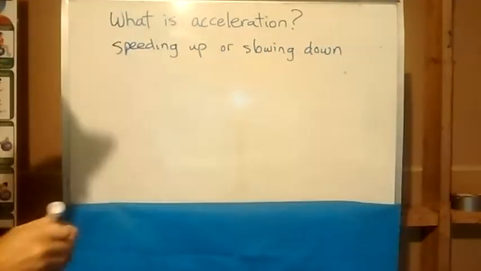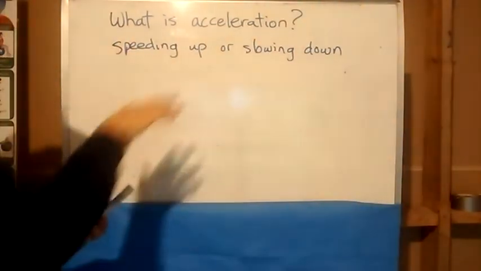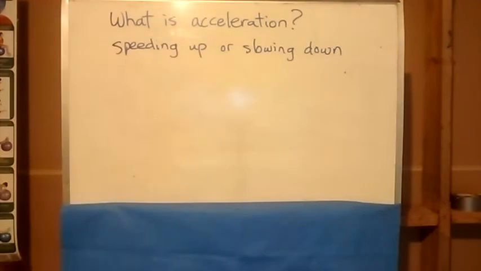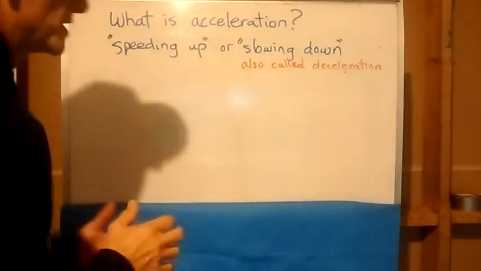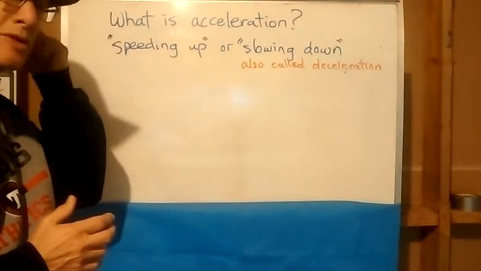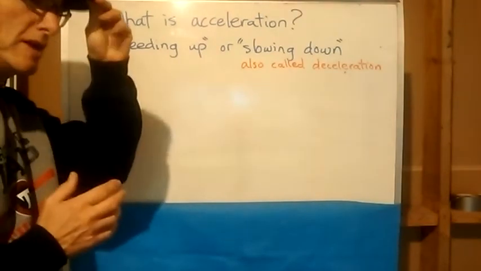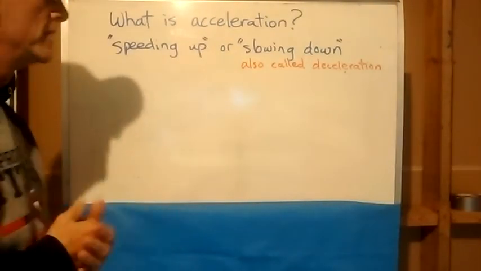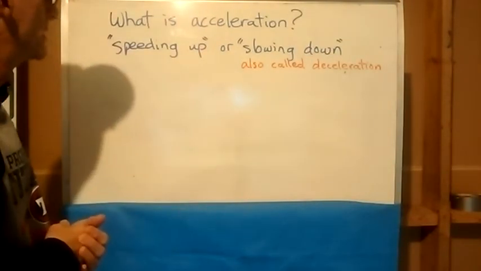Speeding up would be a positive acceleration. Slowing down would be a negative acceleration. Really what an acceleration is, though, is a change in velocity. So it could be a change in the direction of the motion of the object, or it could be a change in the speed of the object.